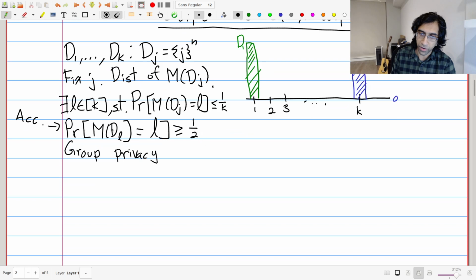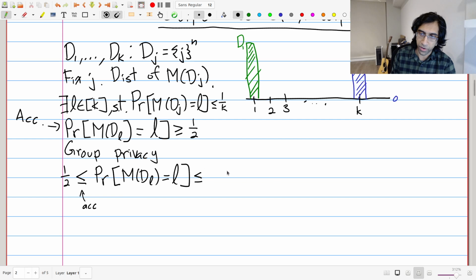So first of all, let's just write this inequality. So 1/2 is a lower bound on the probability that M on DL is equal to L. That's just the accuracy guarantee. And next we can say here is the group privacy guarantee.